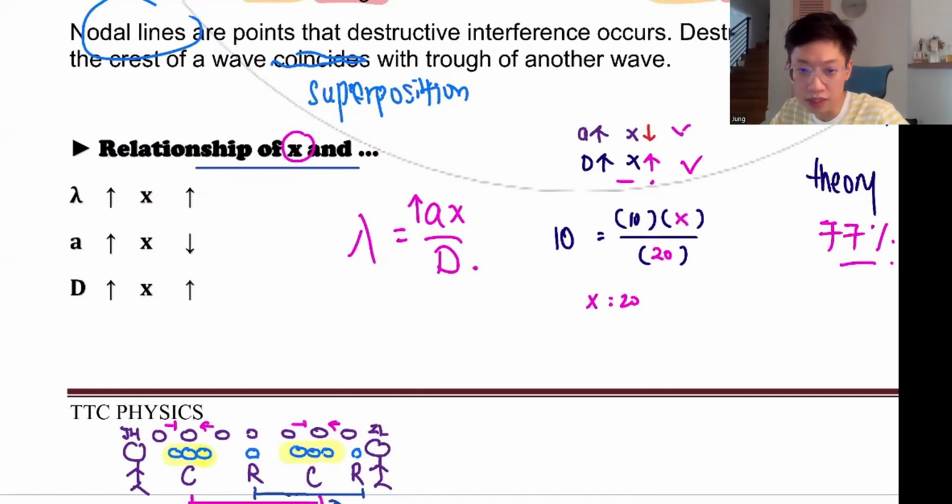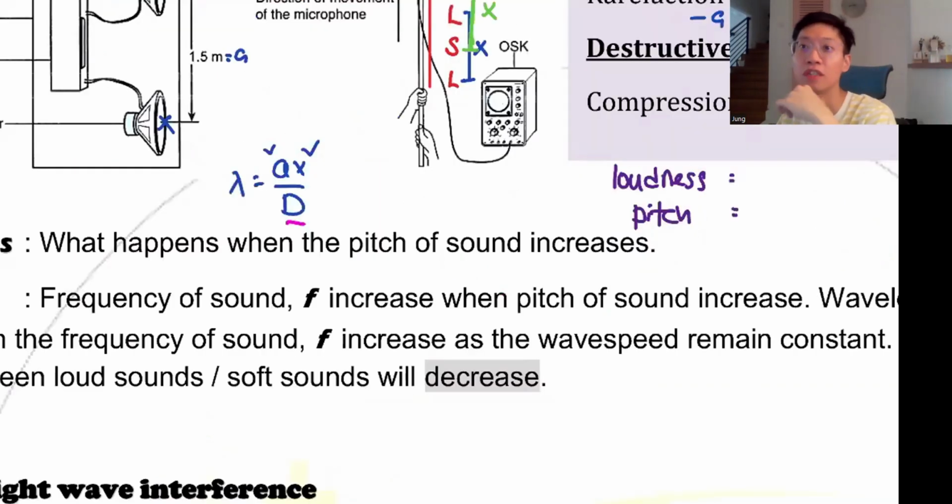Can you differentiate them? Loudness usually means how loud the sound is, literally. Then what does pitch mean? Pitch tells you how sharp the sound is.